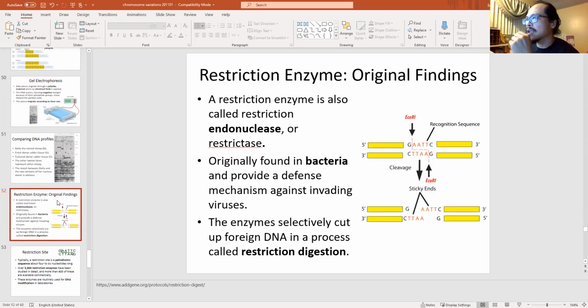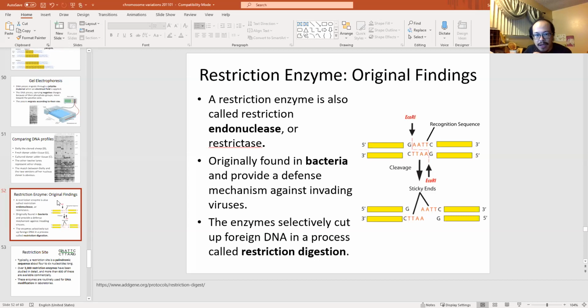Originally, this restriction enzyme was found in bacteria. The bacteria use it to cut the DNA of a virus. First they kill that virus. Second, they preserve this segment and memorize it so the cells will recognize this virus in the future. That's their protective mechanism.